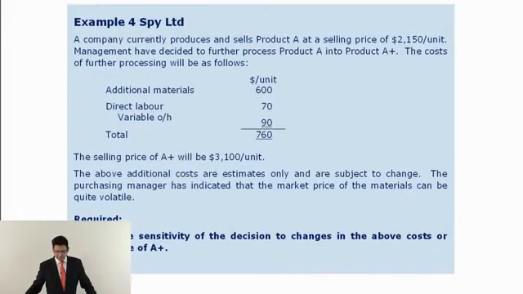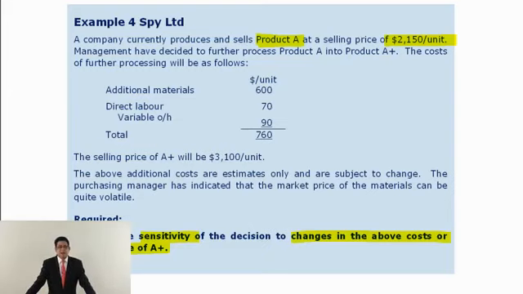SPY Limited. Requirement: analyze the sensitivity of the decision to changes in the above costs or selling price of A plus, which I think looks like a product. A company currently produces and sells product A at a selling price of $2,150 per unit. So at the moment, the current price of product A is $2,150.